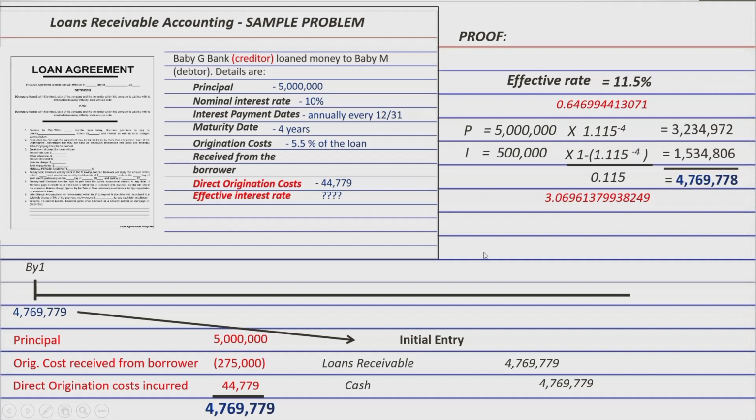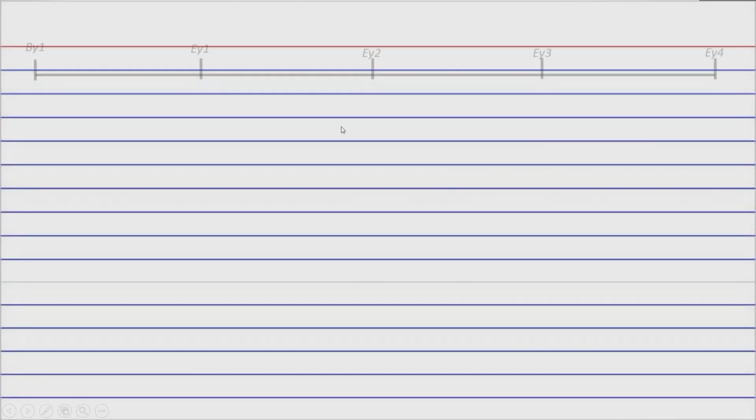Now, since we already have the initial value and the effective interest rate, it's now time to get the loan receivable balances on the subsequent dates, and of course, it's already time to make journal entries in the subsequent dates also. Now, let's make a timeline for 4 years.